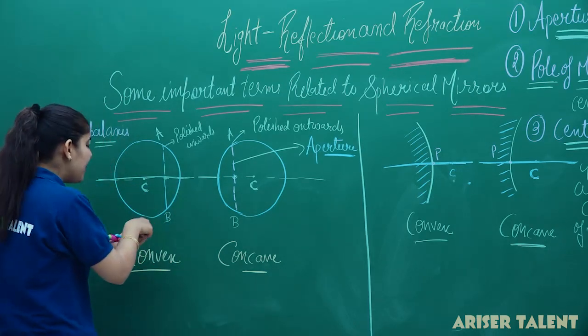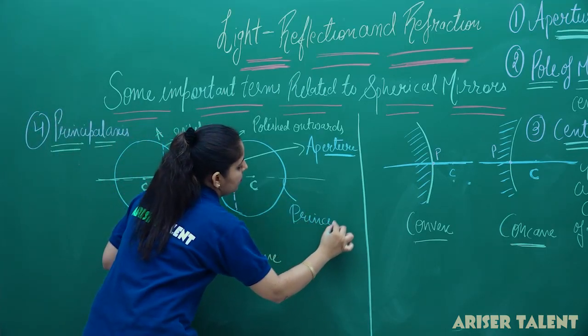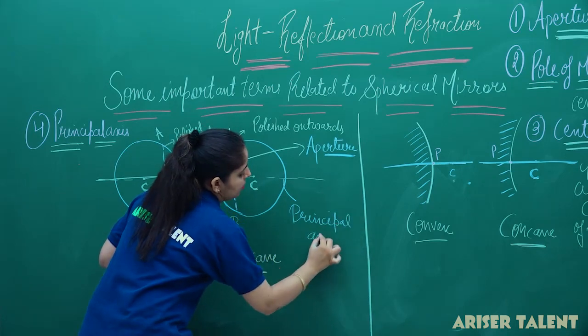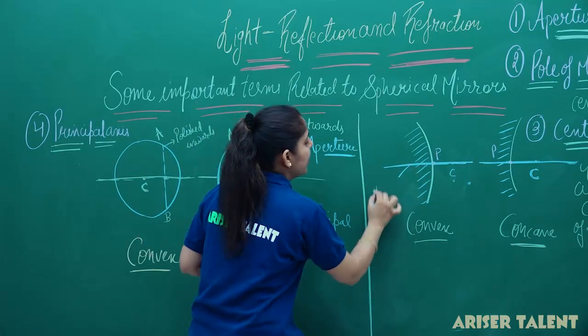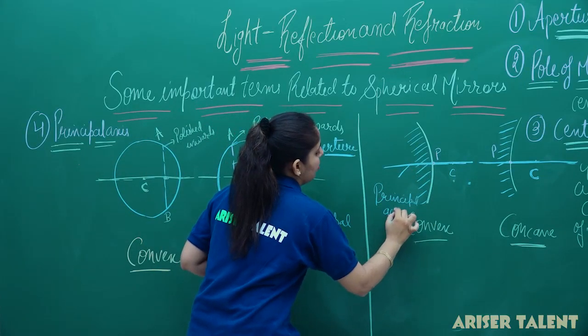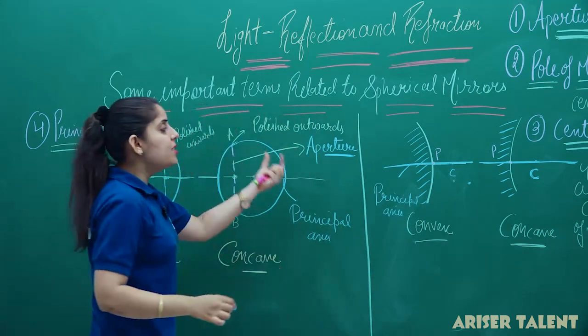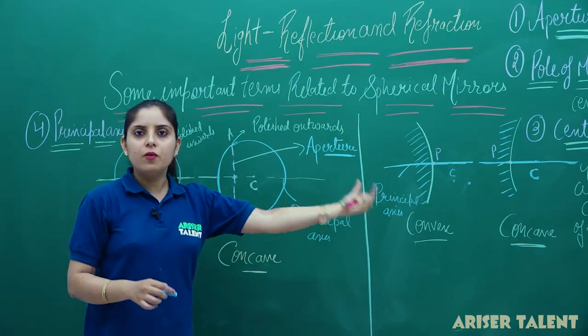So which is our principal axis here? This will be our principal axis, and in this case, this line will be the principal axis. So the principal axis is a line which passes through the pole and center of curvature.